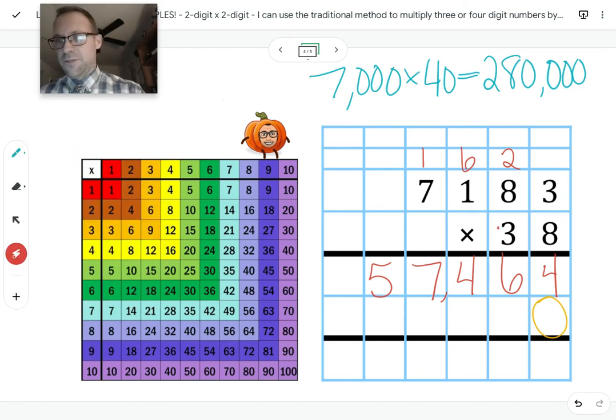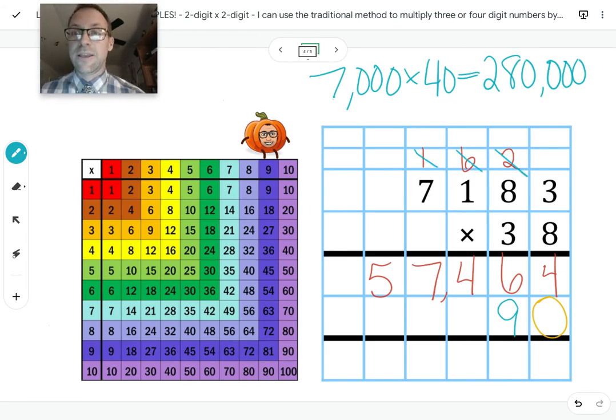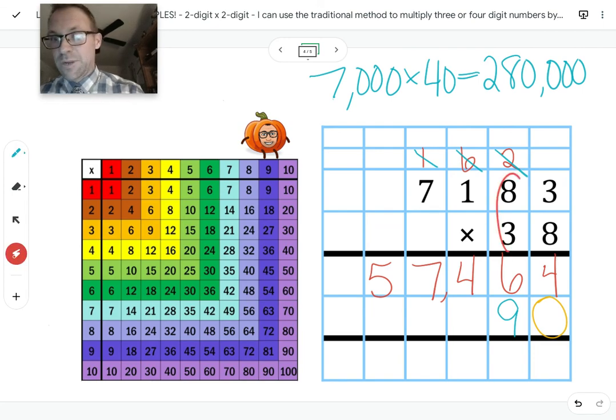First, we have 3 times 3. That is 9. And then, I just noticed something. I haven't crossed out any of the numbers that I've carried. And I want to do that because there is no way I want to confuse these numbers with other numbers I might have to carry. I only want to add them into my answer one time each. If I do it more than once, then everything's off. All right, so back to the multiplying. 3 times 8. Let's see, that's 24.